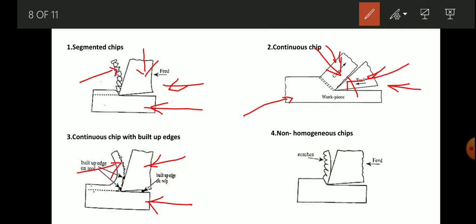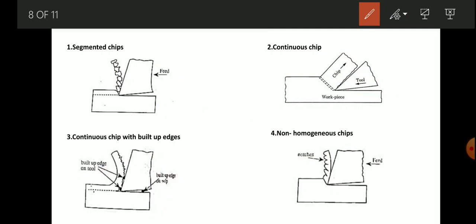Here we can see built up edges. It gives rough surface finish on the work surface. And here we are getting a chip which is welded on the workpiece as well.